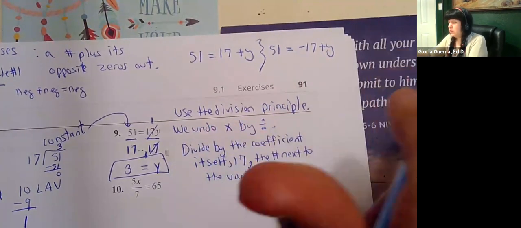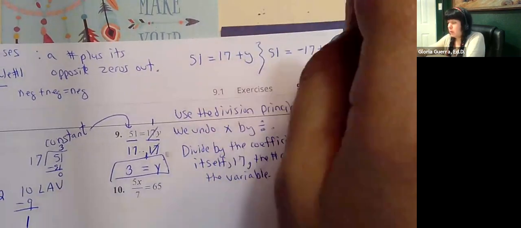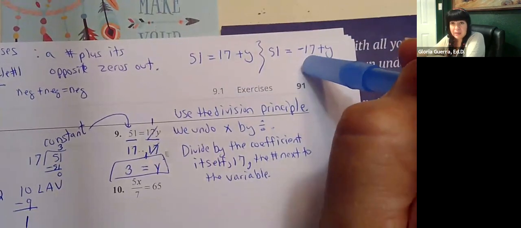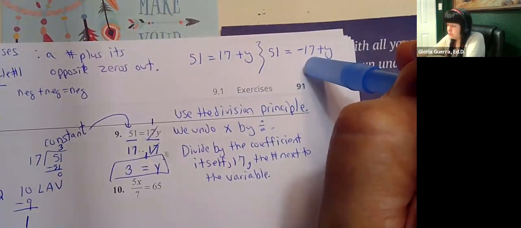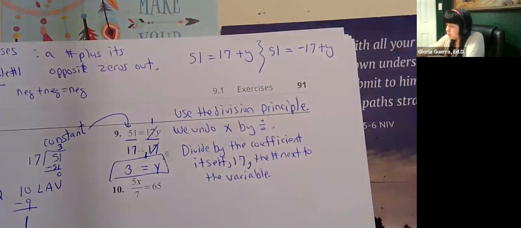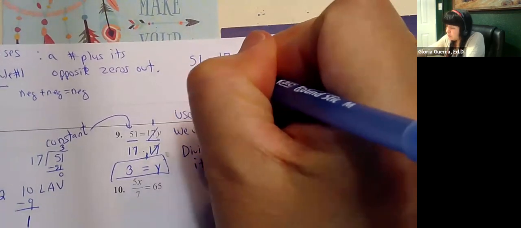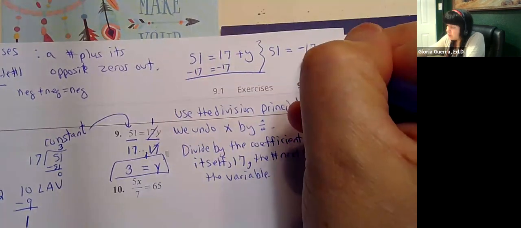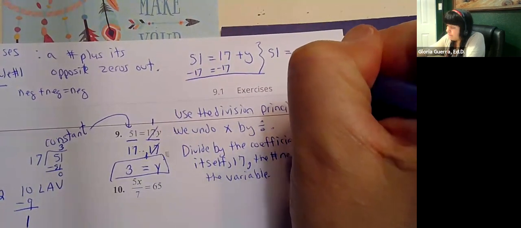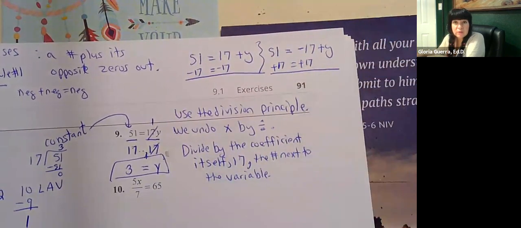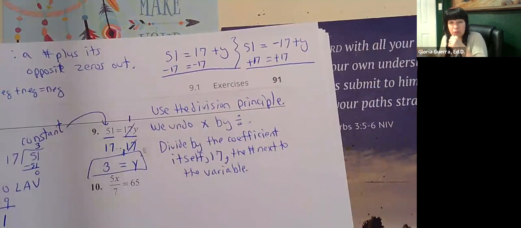So these would require the addition subtraction property. Here you could add 17 to both sides. Here you would subtract 17 on both sides. Whereas here you would add 17 on both sides. Okay, so here you're using the addition subtraction principles.